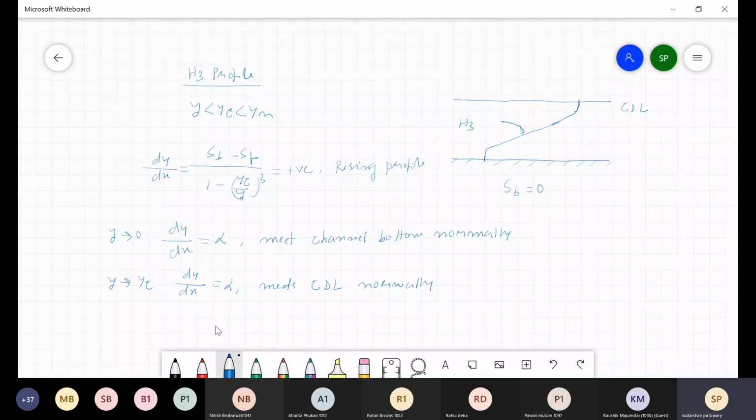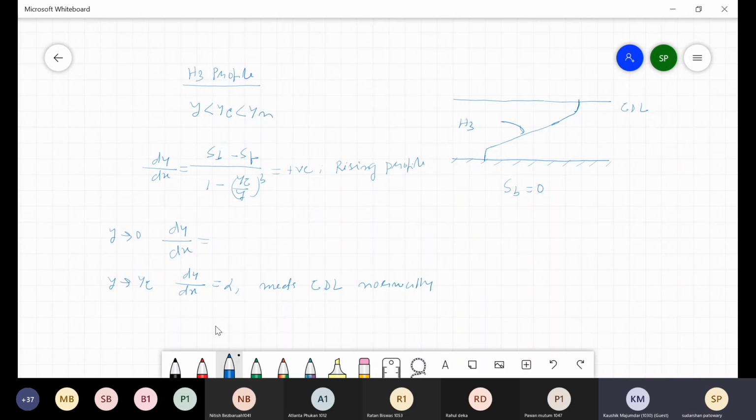This is the S3 profile. So when y tends to 0 here, then dy by dx is what? Sir, it should be undefined.